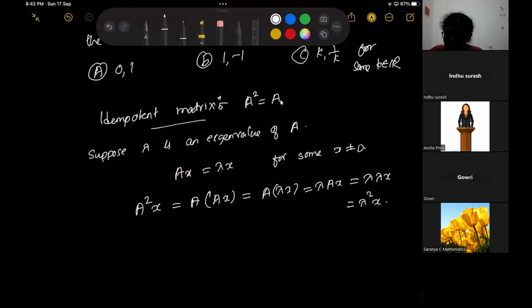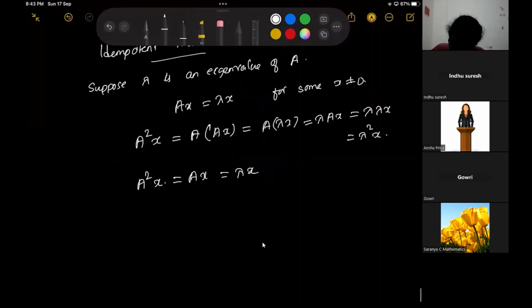Now, we haven't used A square equal to A. Again, we are starting with A square x. Since A square equals A, we can write A square x equal to Ax. Again, what is Ax? Ax equals lambda x. So we have two equations: A square x equals lambda square x and A square x equals lambda x.